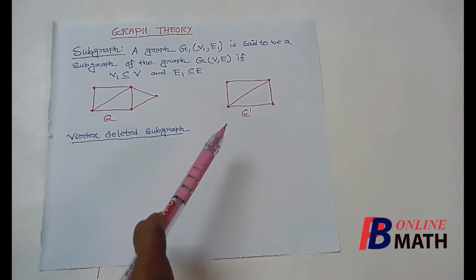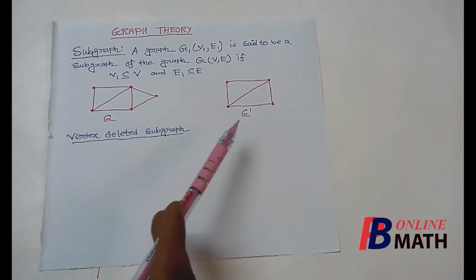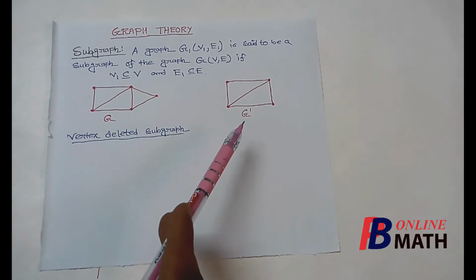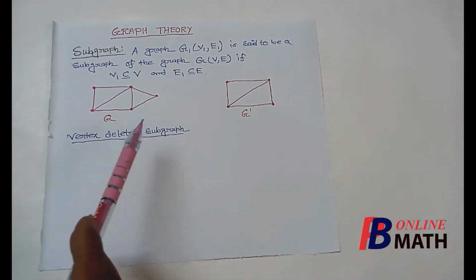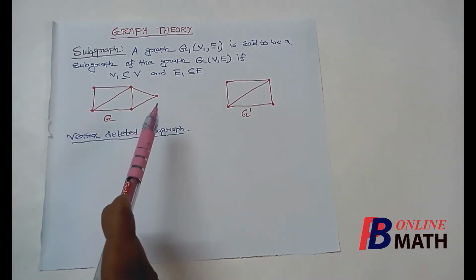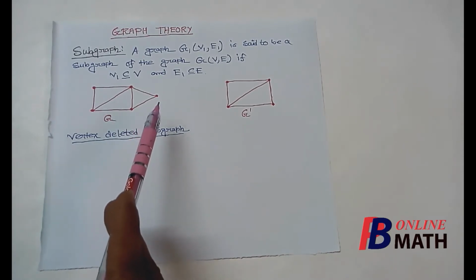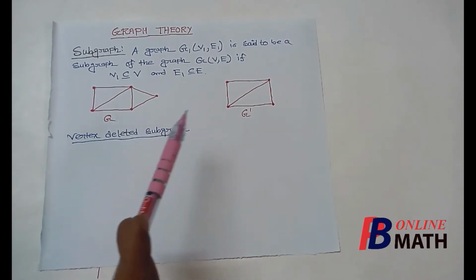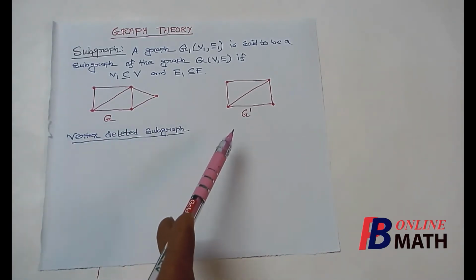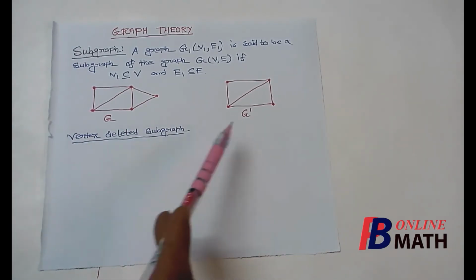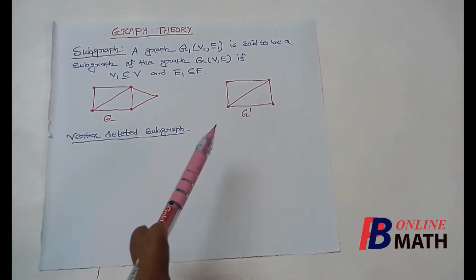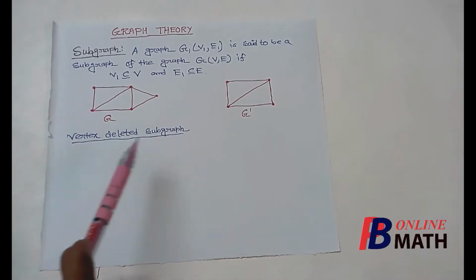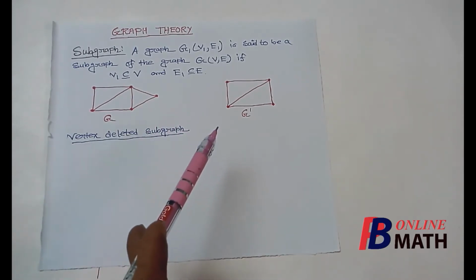As for example, if we consider this graph G dash, we have obtained this graph G dash by deleting one vertex from the graph G. Now if this vertex is deleted, then automatically these two edges will be deleted. So this type of subgraph is called vertex deleted subgraph. So a subgraph which is obtained by deleting one or more vertices from a graph G is called vertex deleted subgraph.